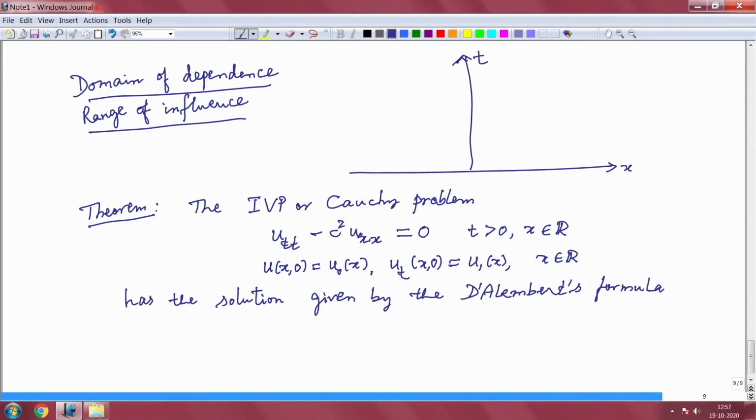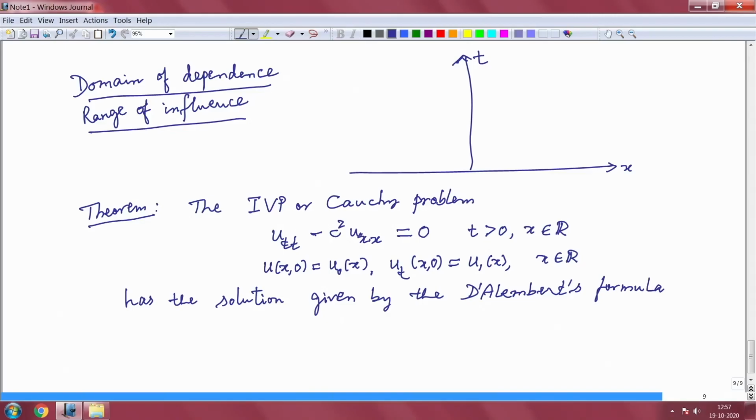So, a word about the concept of solution again. We have discussed this earlier also. Here we are seeking a C2 solution to the wave equation satisfying the given initial conditions.